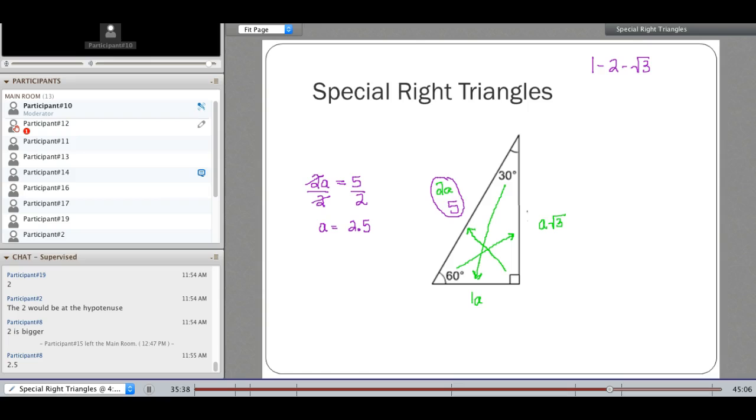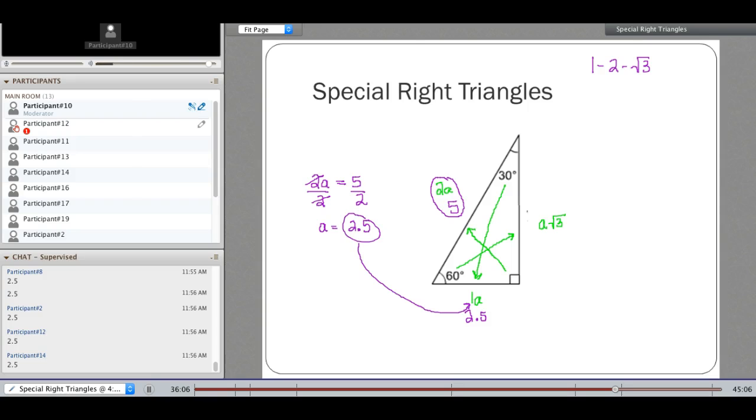Okay, so help me fill this in. What would I have here? What would I put? What's the side across from 30 going to be equal to? Yeah, it's just 2.5 because this is A. We figured out A is 2.5 and that's what this side is labeled. So that's easy. Not much work to do there. And then over here, again, since I know A, really I'm just plugging it in.